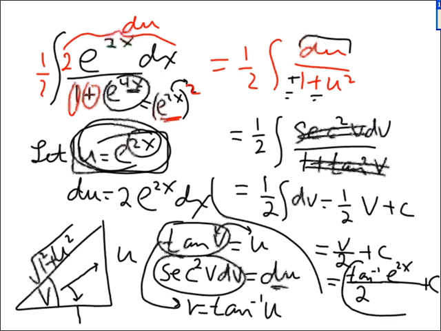Okay, it's the arctangent of e to the 2x over 2, or tan inverse of e to the 2x over 2. How you say it, how you write it, that's between you and your teacher. Tan inverse and arctan, they're the same.